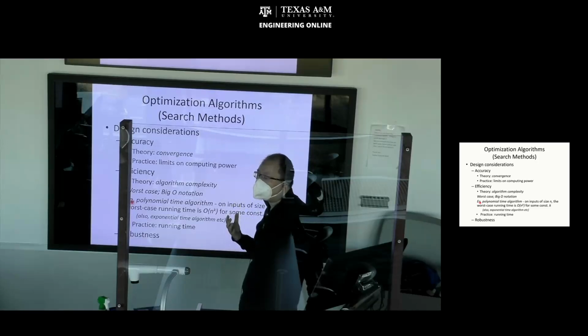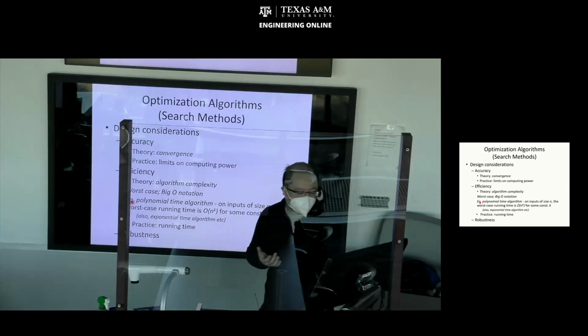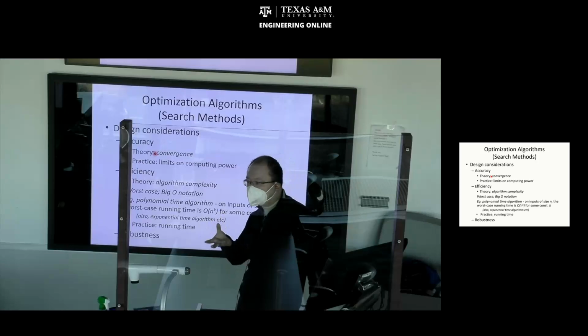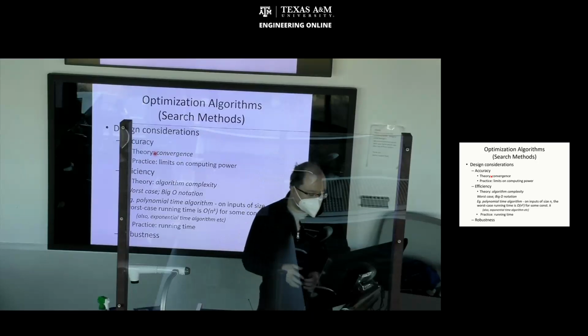Because, of course, you can try your algorithm on a high-performance computer and run it long enough and try to figure out whether it works accurately or efficiently or not. But you can only blindly try it and guess. You don't know. It's limited by the resources, right? You will never know about your algorithm's performance. These theoretical concepts, although not exactly equal to your practical measures, are giving you guidelines on the practical measures. So this is why they are very important.